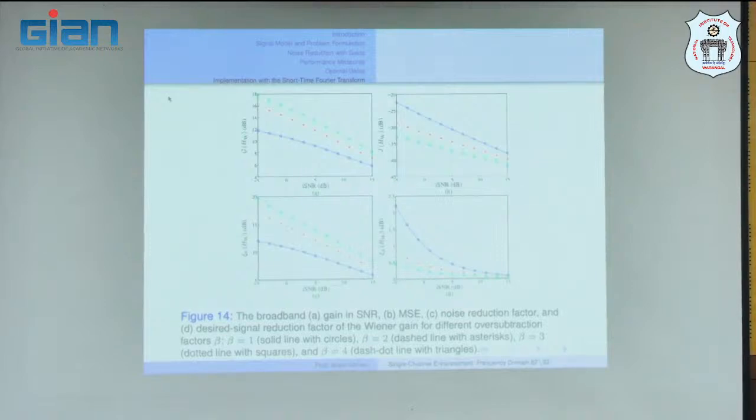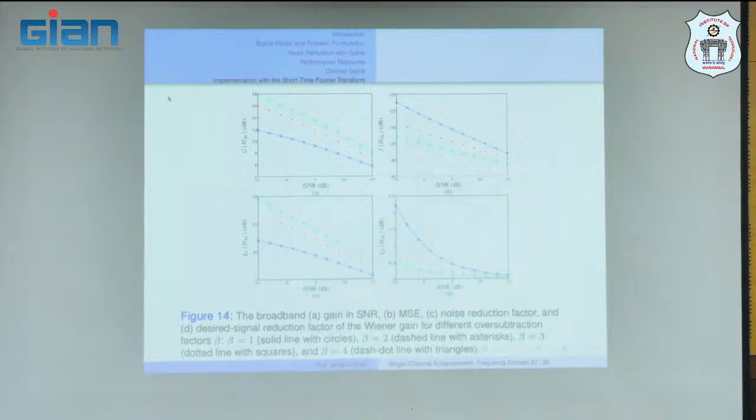But it comes at a cost of increasing the distortion. The distortion in weak speech components, not the strong speech components. Because we want, when we reduce noise, to suppress only the lowest SNR components.